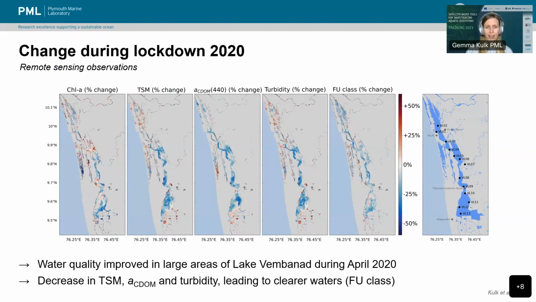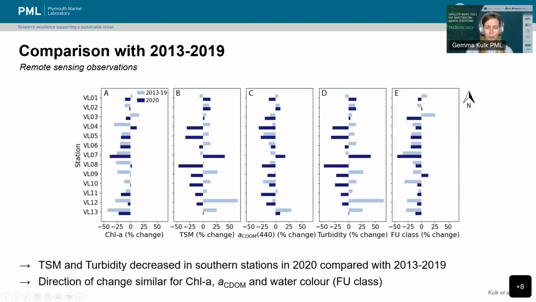I will continue on showing results at the locations of the 13 in situ sampling stations, which are shown here in the map on the right. We continue comparing the observed changes in water quality indicators during the lockdown period in 2020 with the same period in 2013 to 2019.